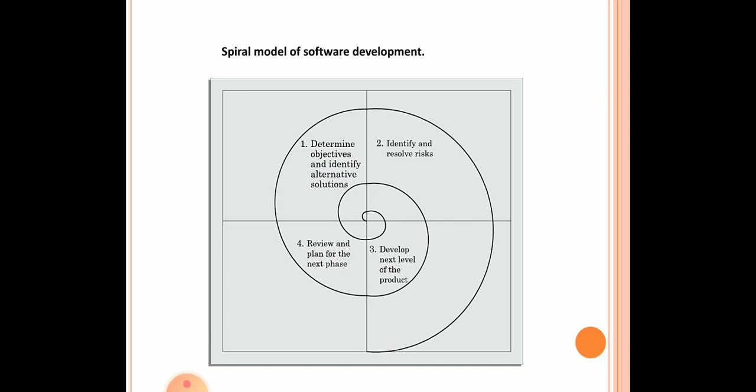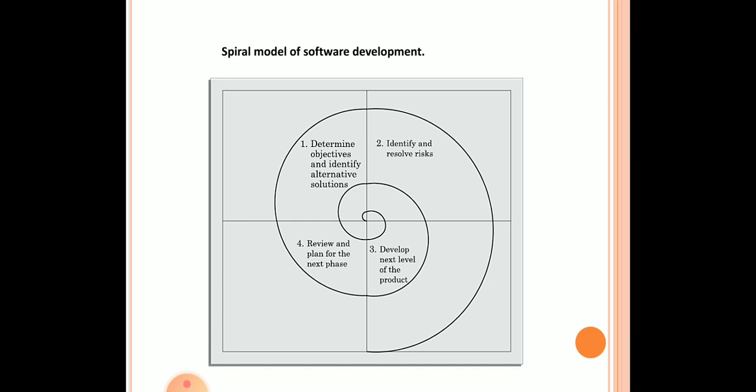So at every point of the development time, they can be well aware of the risk involved in the development of the software, and alternative solutions for risk handling will also be proposed at each and every phase of the model. The first phase itself forms a very important one, because it identifies the objectives, elaborates the objectives, and the objectives are analyzed based on the risk at that moment.